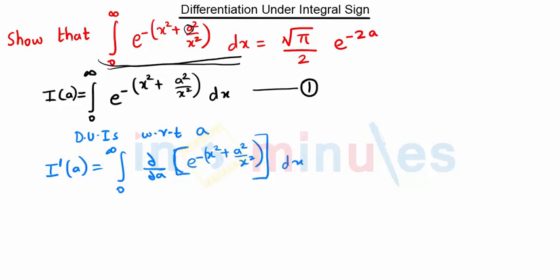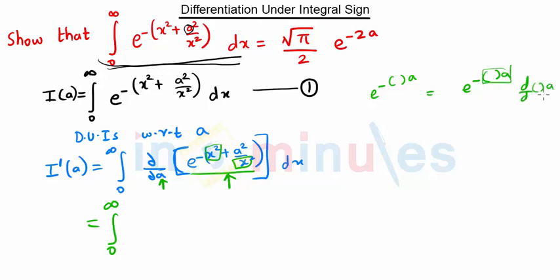Okay, so now this term will become integration 0 to infinity. We have to take the derivative of this term with respect to a, so x square will remain constant. So derivative of e raised to minus some constant into variable is e raised to minus same thing into derivative of this term. Okay, so here also we are going to apply the same formula.